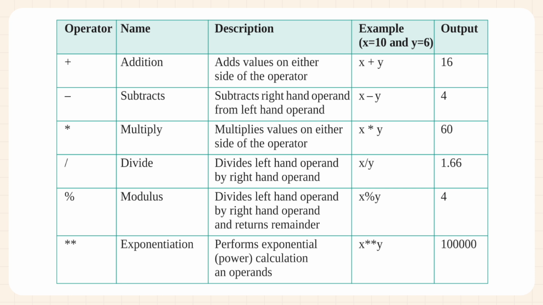Modulus. Divides left-hand operand by right-hand operand and returns remainder. x % y, 4. Double asterisk, exponentiation. Performs exponential (power) calculation on operands. x ** y, 1 lakh.